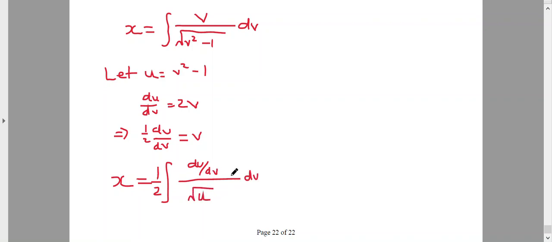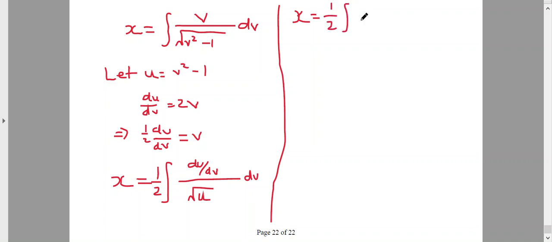Now here the dv's are going to cancel. Okay, so I'm going to have x equals a half times the integral of u to the power of negative a half du.